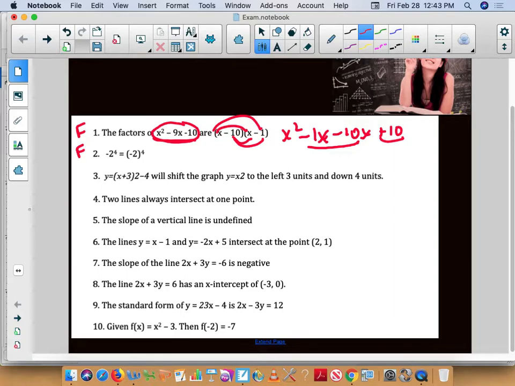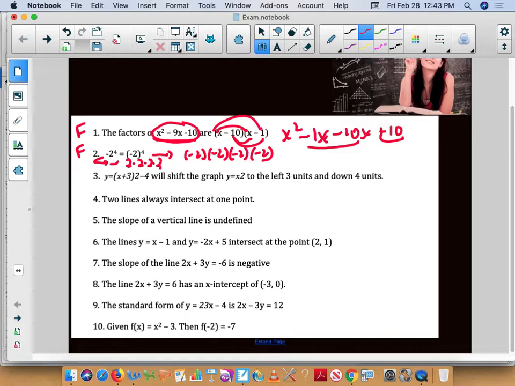This is a big deal for our class that you need to pick up on. This one means negative 2 four times. This one means the negative of 2 times 2 times 2 times 2. The negative is not included in the fourth power.